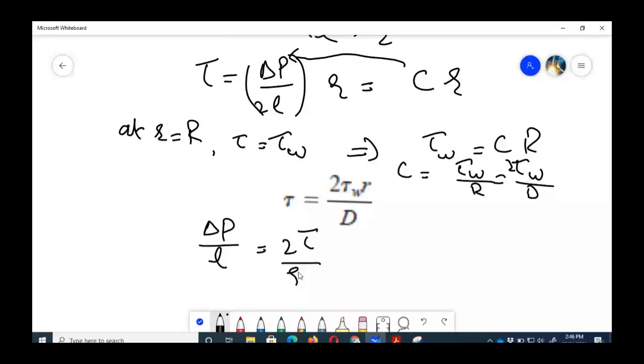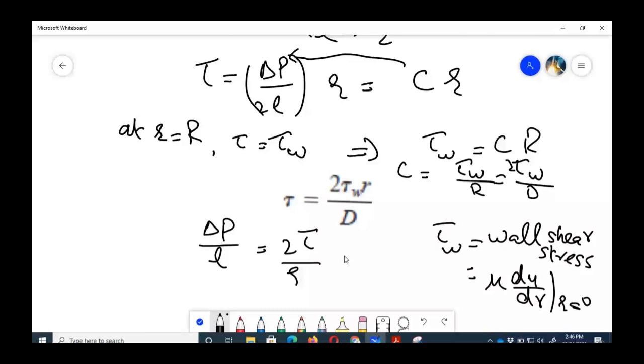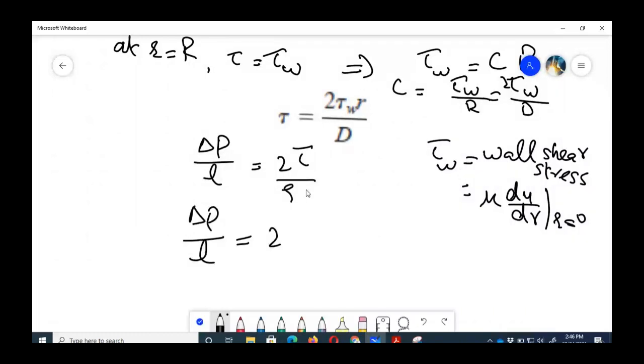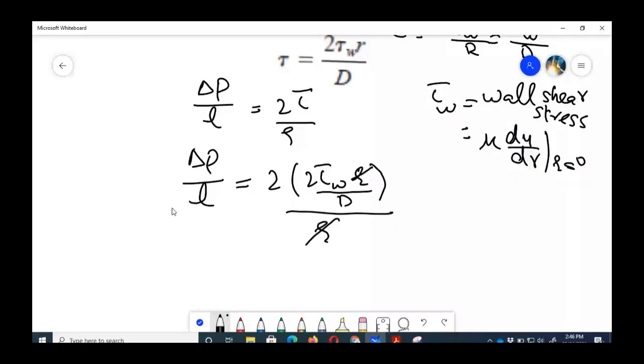Again, I am telling you that it is wall shear stress, and that is equal to mu into du upon dr at r is equal to R. So now if we put this value here, we can write delta p upon L equal to 2 into 2 tau omega r upon d, upon r. And then you can see r would be cancelled out with r, and 2 into 2 would be 4, and then delta p can be written as 4 tau omega into length divided by diameter.